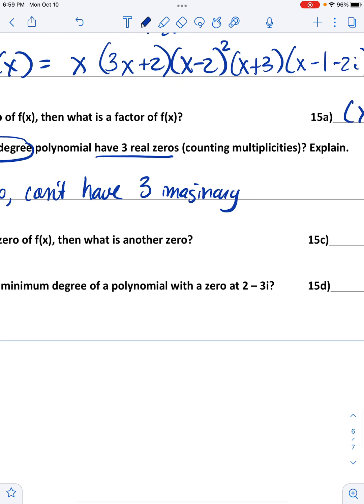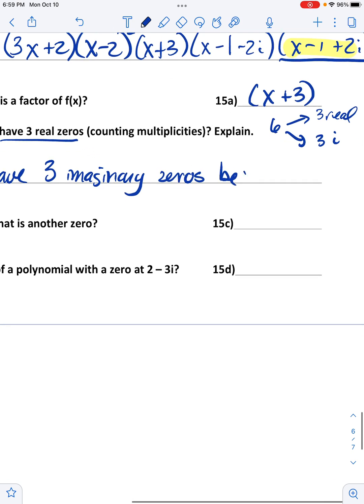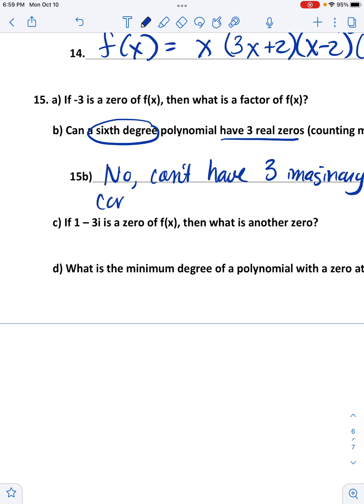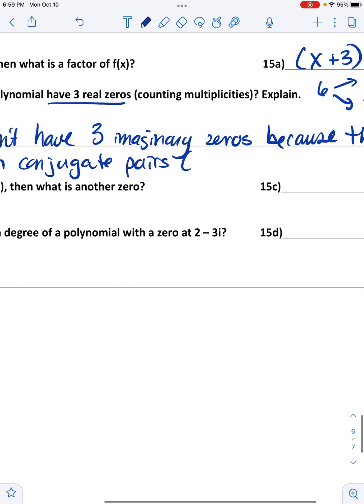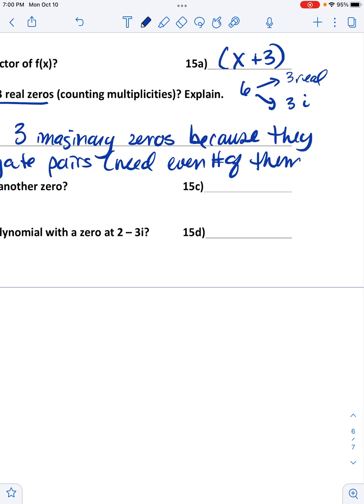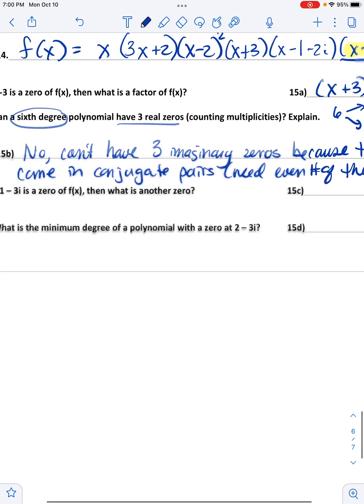I can't have 3 imaginary zeros because they come in pairs, and 3 can't accommodate pairs. So I need an even number of them. And having 3 real forces 3 imaginary, and 3 imaginary can't be pairs.